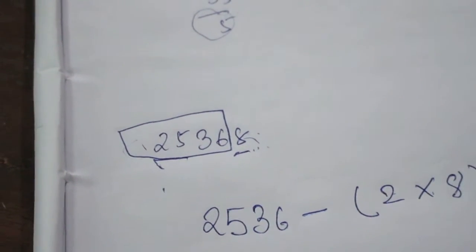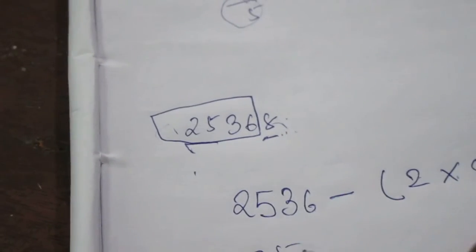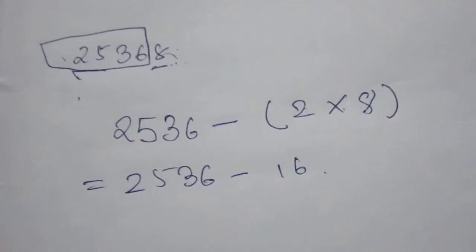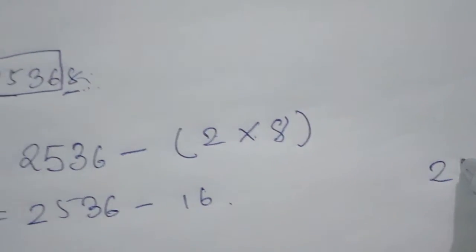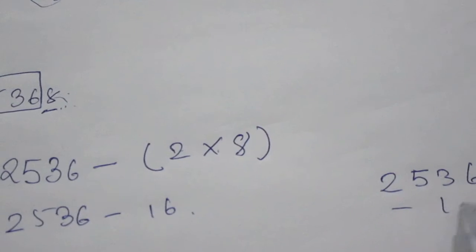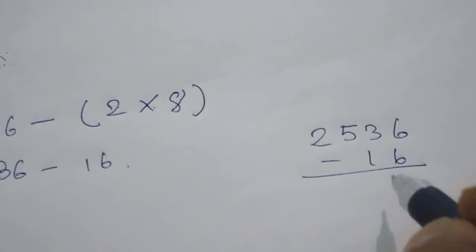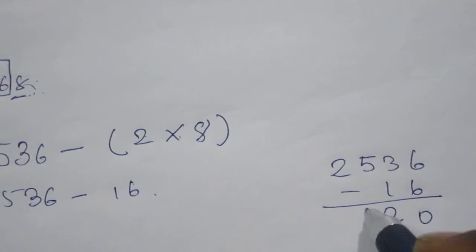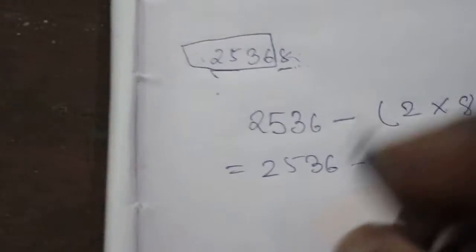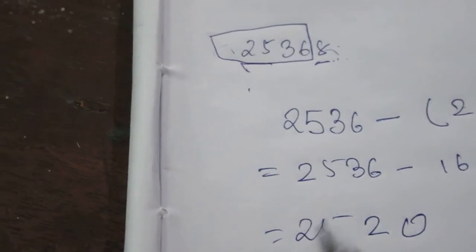Okay, so what difference do we get? 2 into 8 is 16. So 2536 minus 16 is equal to 2520. 2520 is not 0.